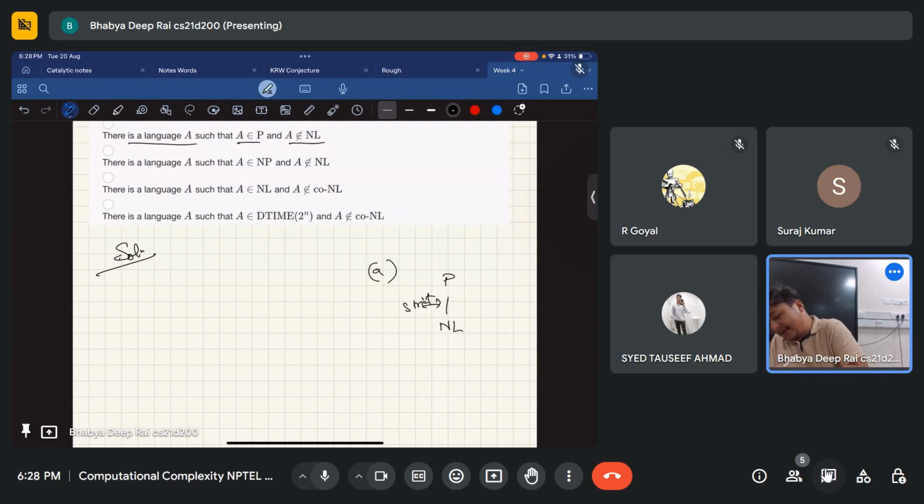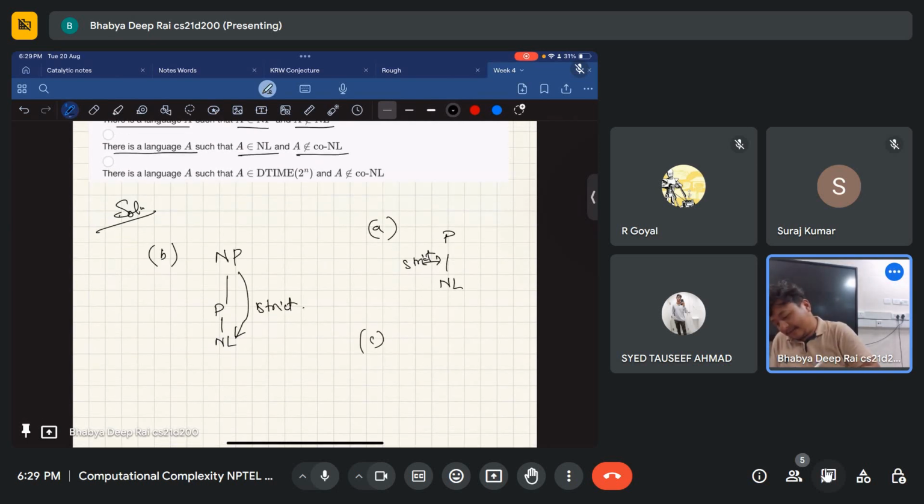And B is saying there is a language A such that A is in NP and A is not in P. So again NP contains P, which contains NL, and this is strict. That is what it's saying. And C is saying there is a language A such that A is in NL and A is not in co-NL.